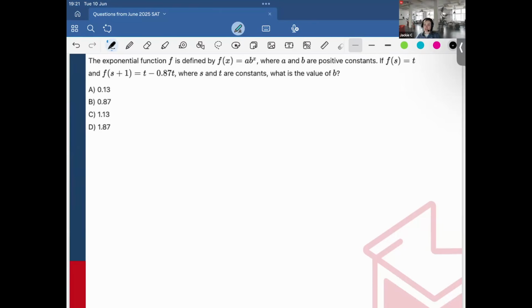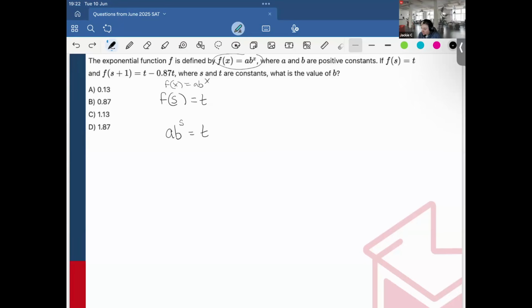So what this is saying is I have the function output f of s is equal to t. And we also have that f of x is equal to ab to the x. So to put that in as a function, a b to the s, with s as my x value, is equal to t, the output.